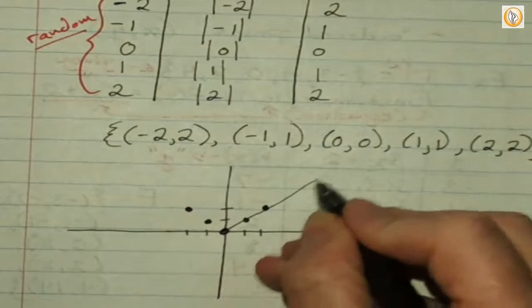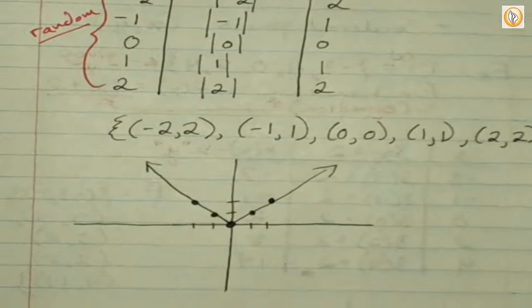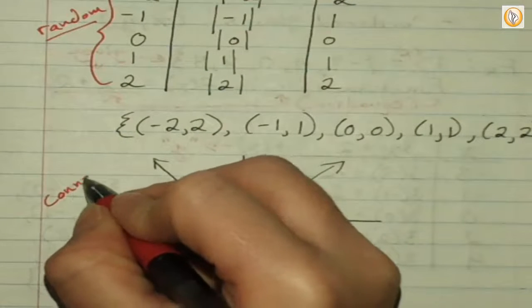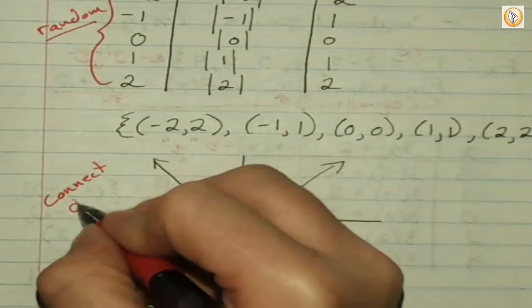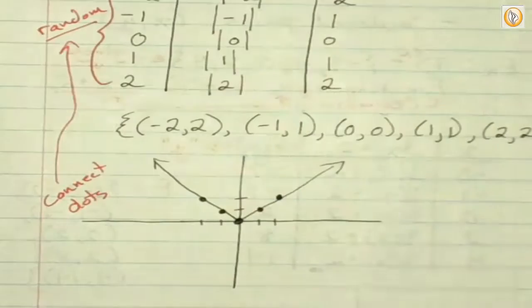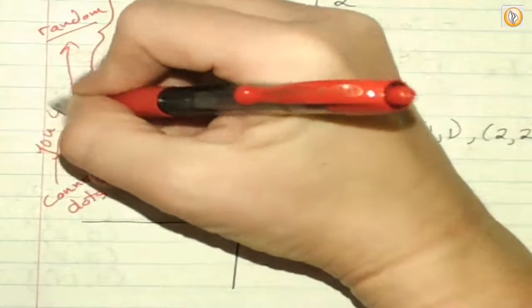That's right, we connect the dots, because you're choosing random. You chose. They did not.